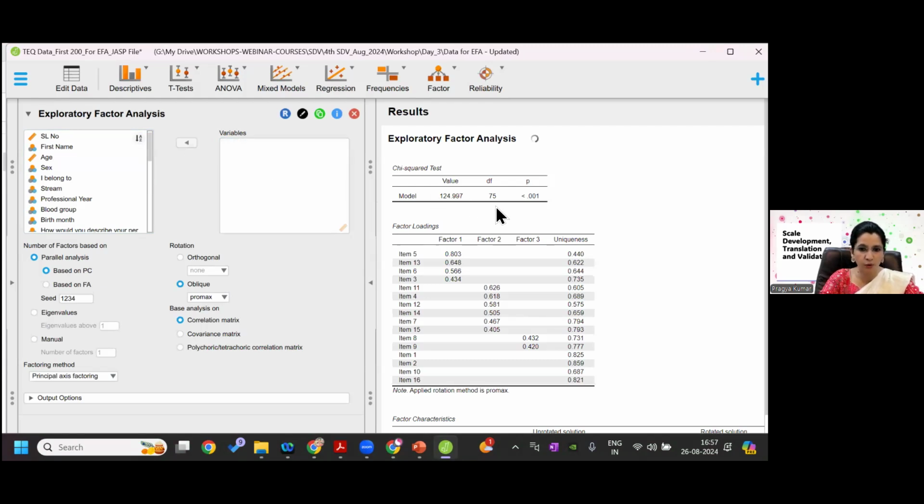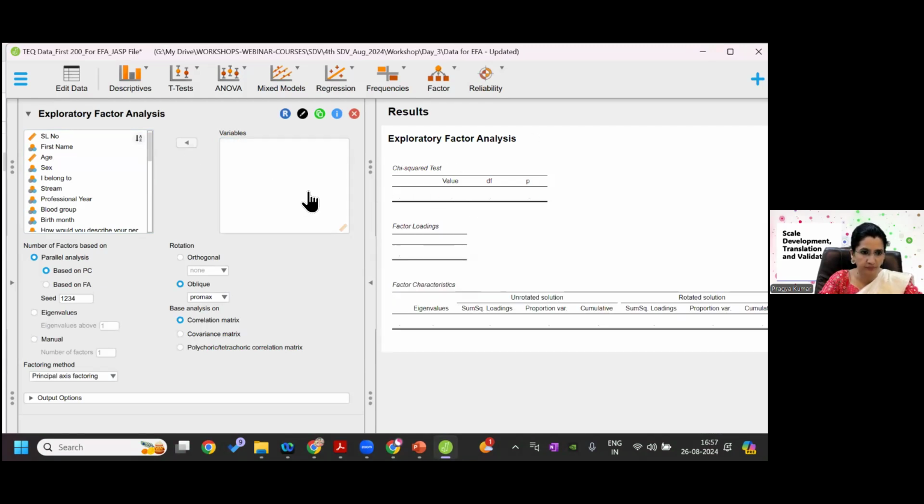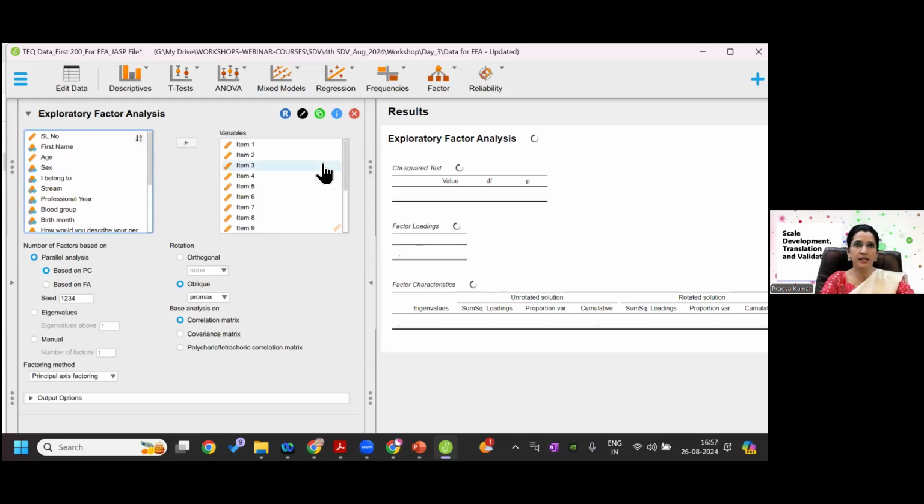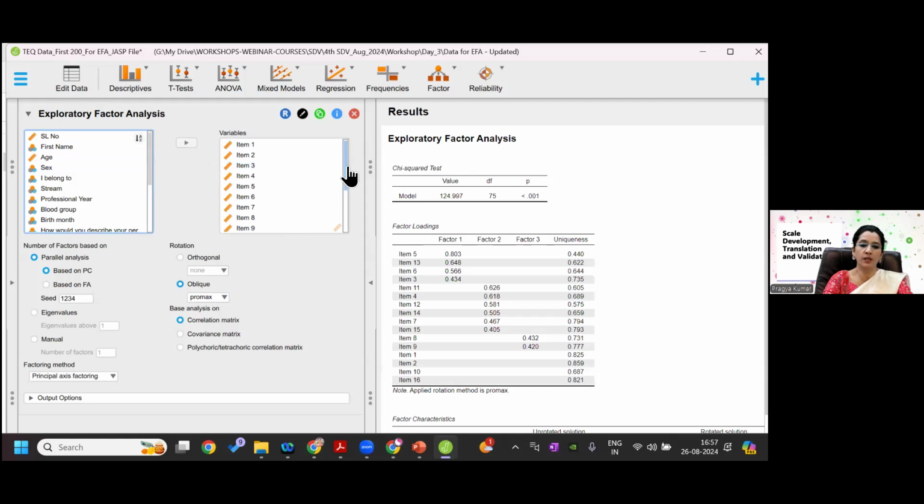So if you open this, you can see there is a window of exploratory factor. These are the variables. So first I will move all the variables here. There are 16 items. And in this case, there is no need to do the reverse coding, because it gives you the factor loading. So there's no need that you will reverse code the structure.